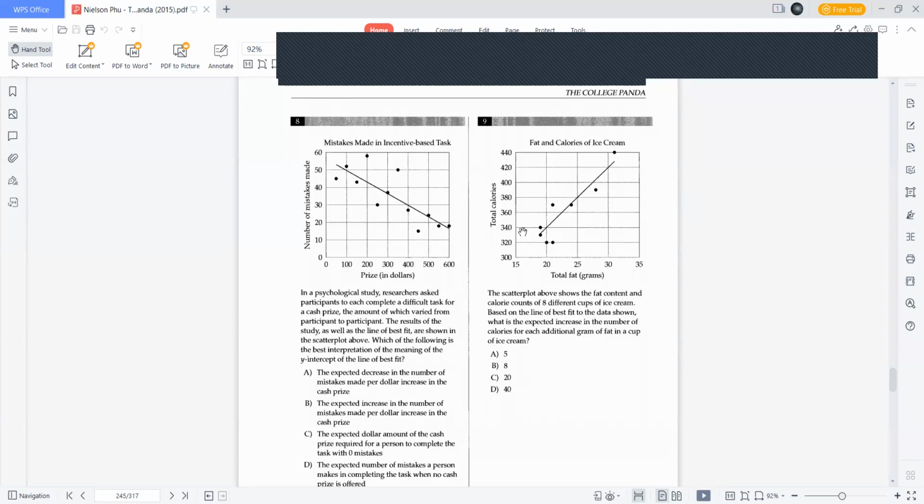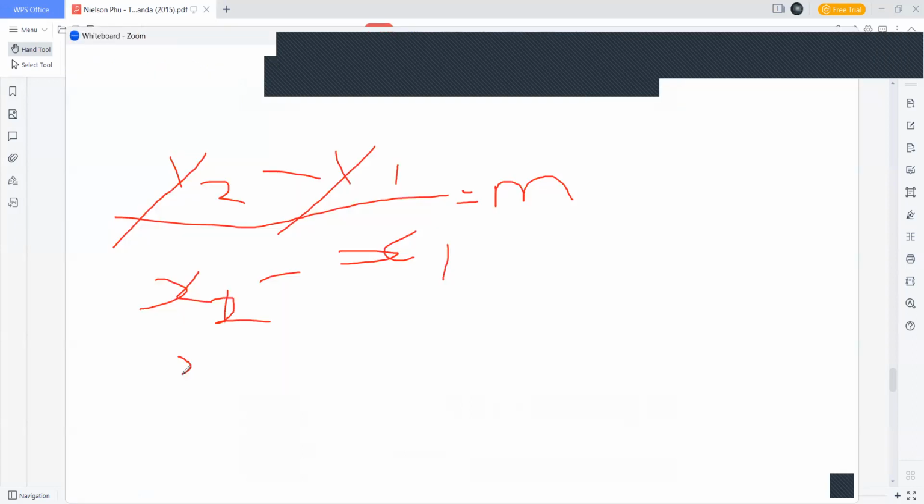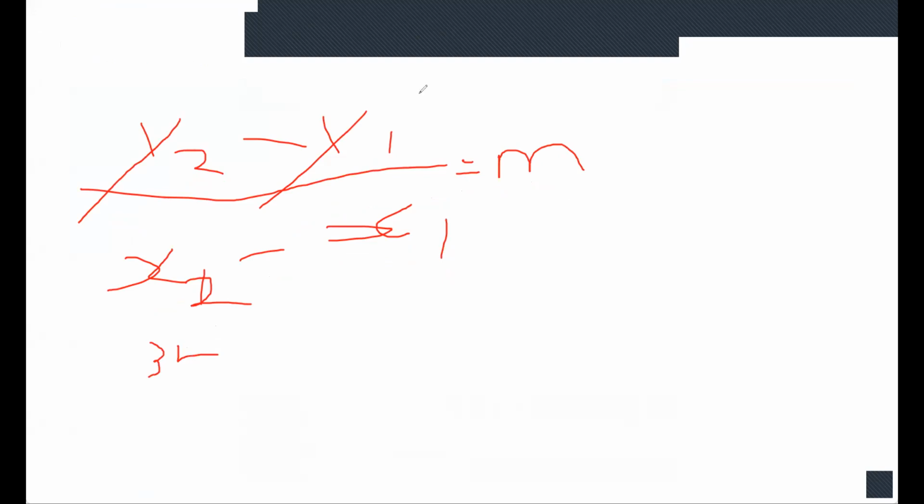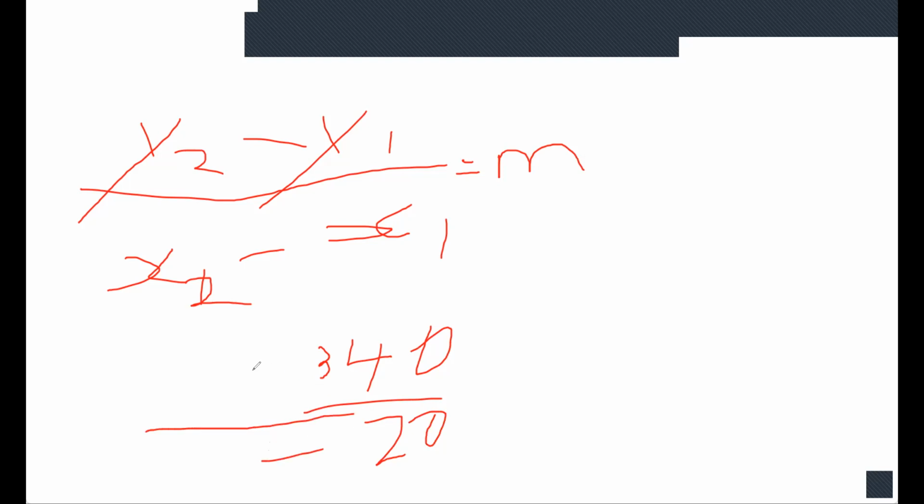So we have 340, 20, and we have 420 and 30.